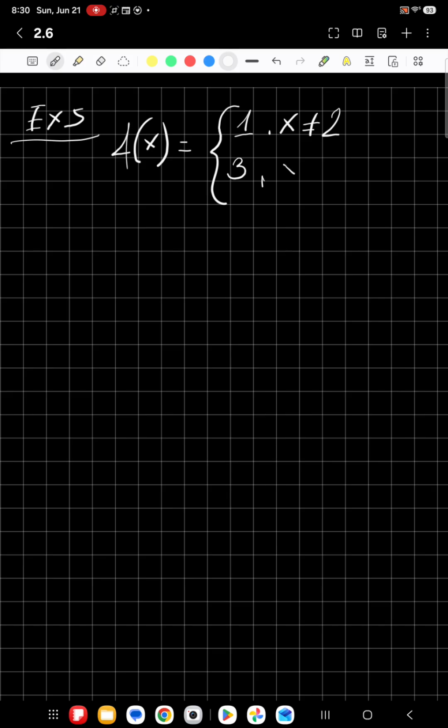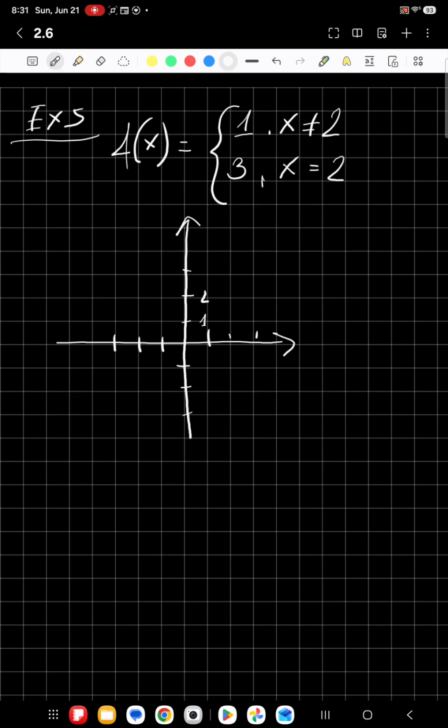And 3 if x is equal to 2. Okay, so again, graph, right? That's the only way we can figure it out. Okay, and then this is 1, 2, 3, and -1, -2.